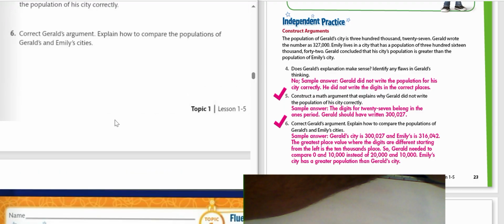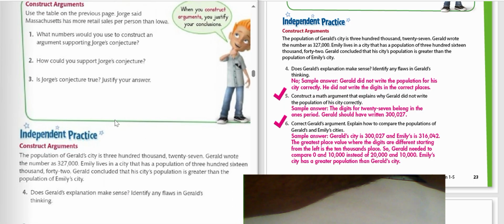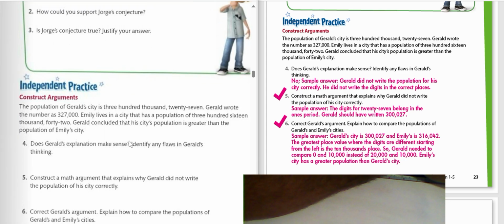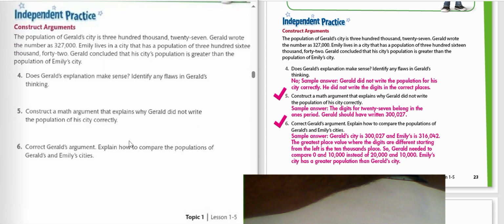Yes, we have extra questions, question number 4, independent practice. Construct an argument with the population of this city at 300,027, rounded to the number 327,000. Emil lives in a city that has a population of 360,042.